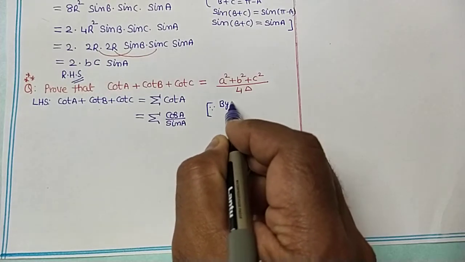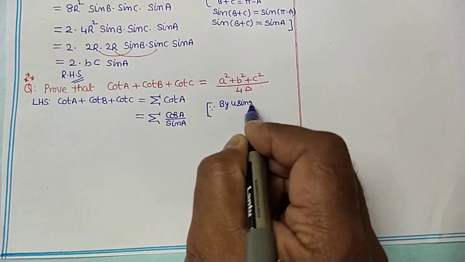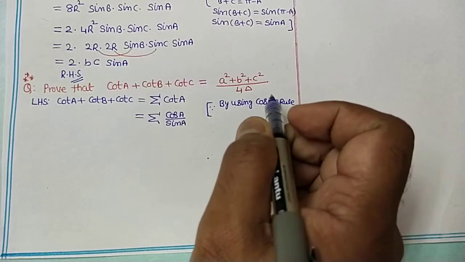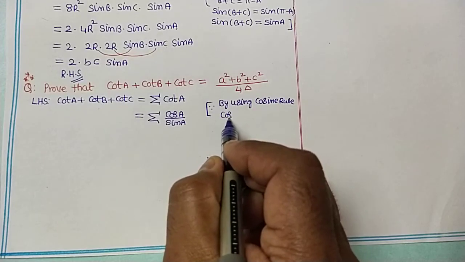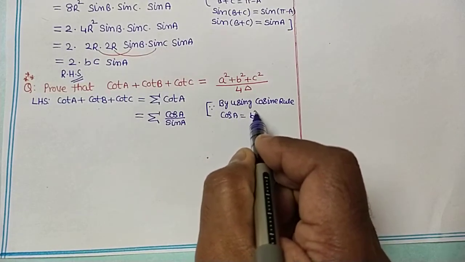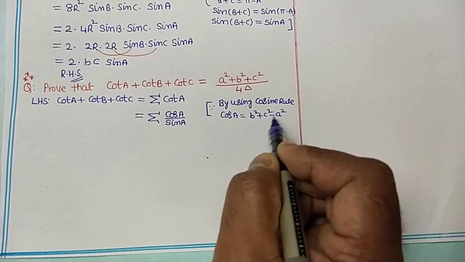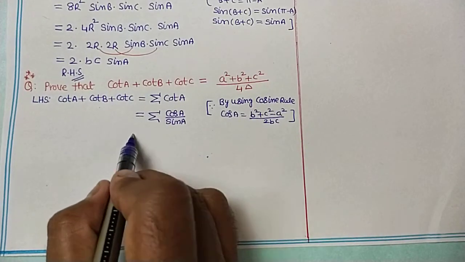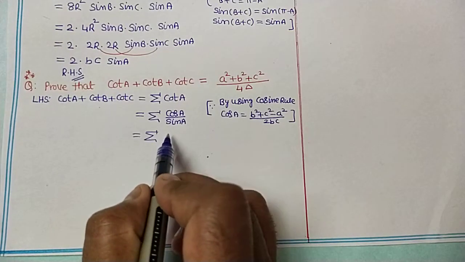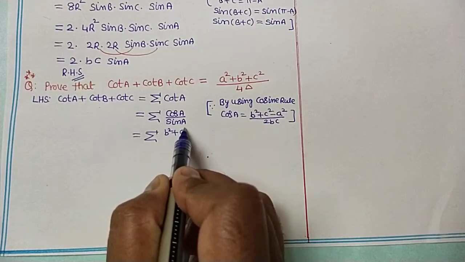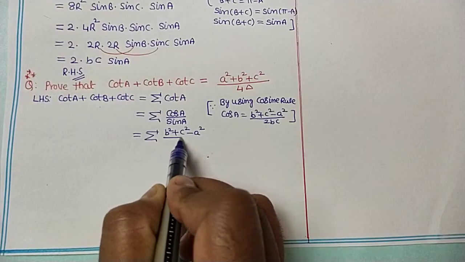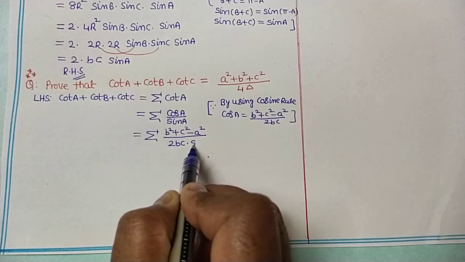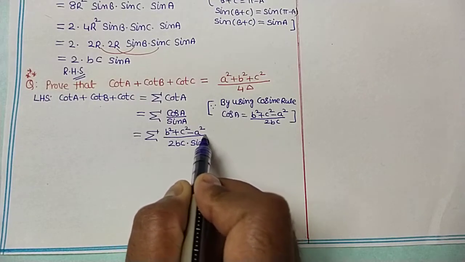By using cosine rule, cos A equal to what? We have b square plus c square minus a square by 2bc. This is the formula for cos A. Substitute there. Sigma b square plus c square minus a square divided by 2bc. In denominator already sin A is there. You can keep like this only.